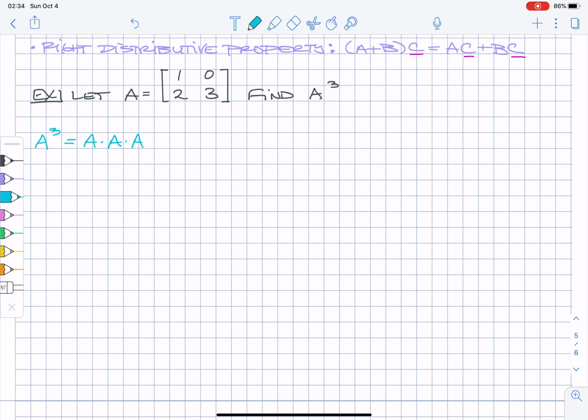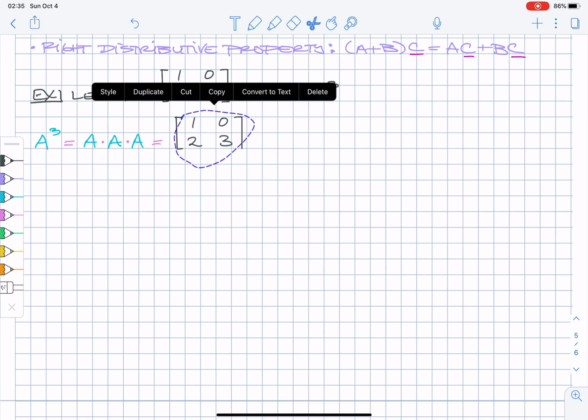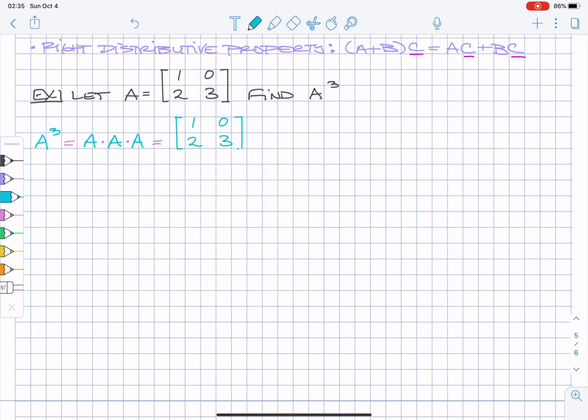Let me emphasize. We're going to multiply all of these. So I'm going to take A, change it into blue, and multiply that by itself twice over.